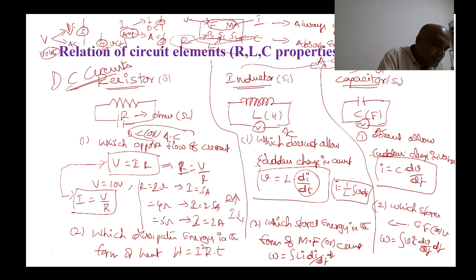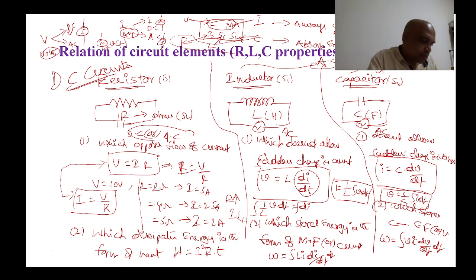How can I rewrite this equation? V dt into 1 by L equals di. If you apply integration on both sides, I equals 1 by L into integral V dt. Similarly, V equals 1 by C integral I dt. So this is the voltage equation. So these are the voltage, current and energy relations for RLC components. Clear?